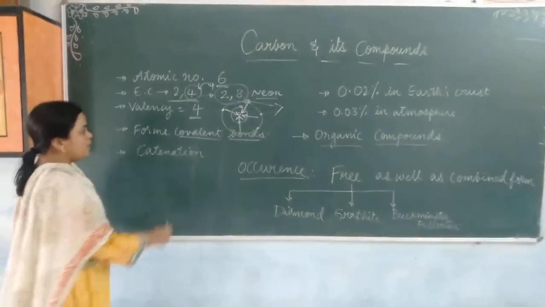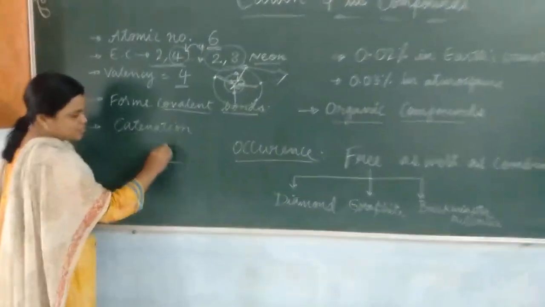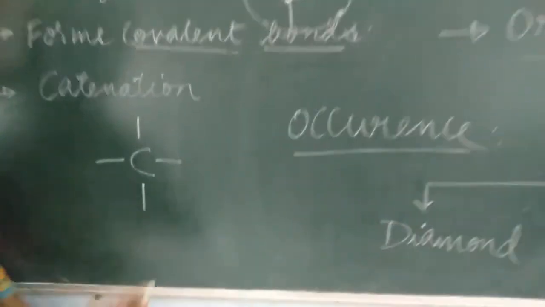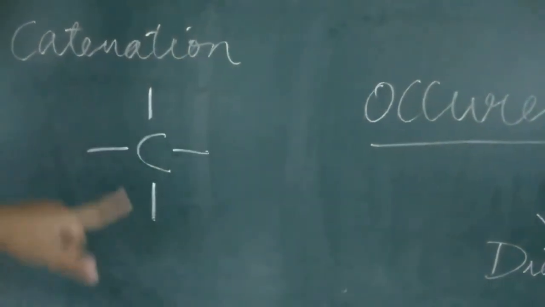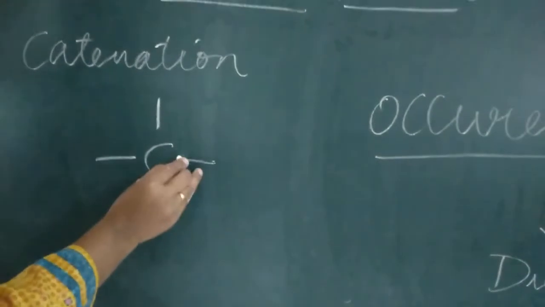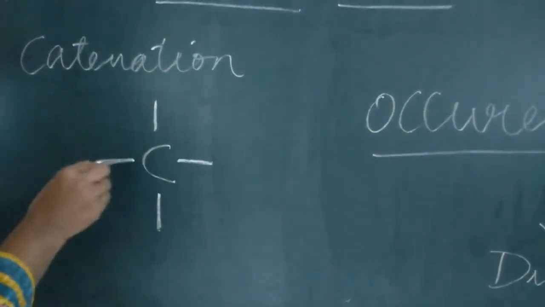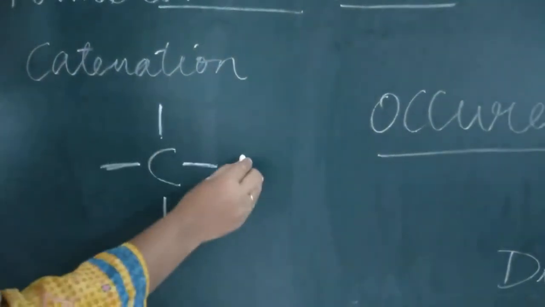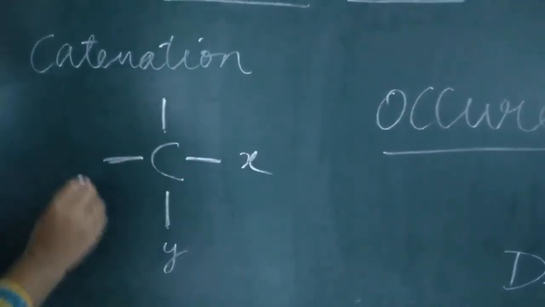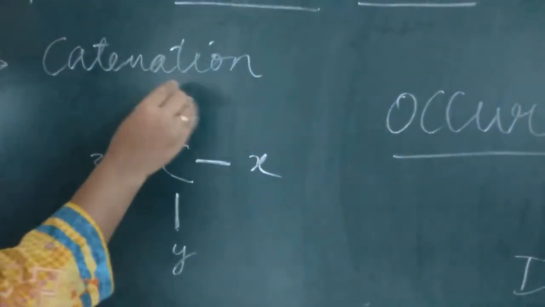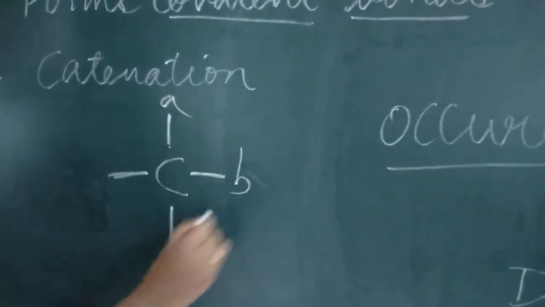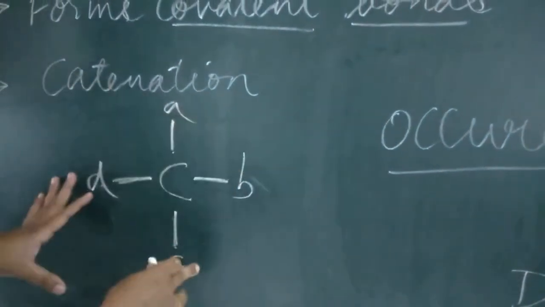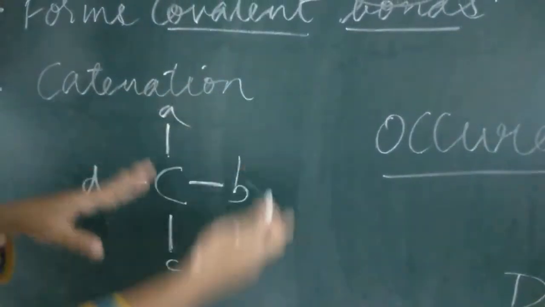So it is represented like this, children, with the 4 valencies. The valency of carbon, 4, is represented by 4 bars like this so that it can form single bonds. 4 single bonds it can form with different atoms, like A, B, C, D or X, Y, Z. So it can be different compounds, atoms or radicals, or it can be the same also.